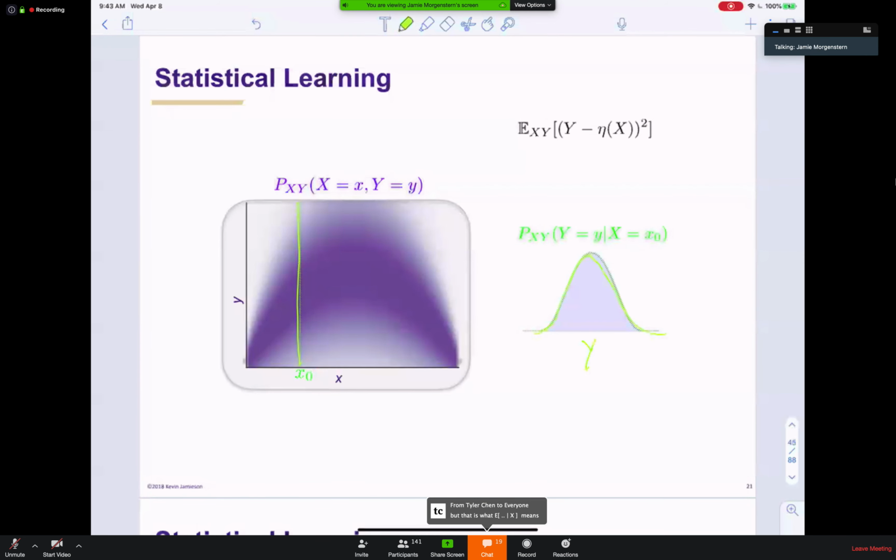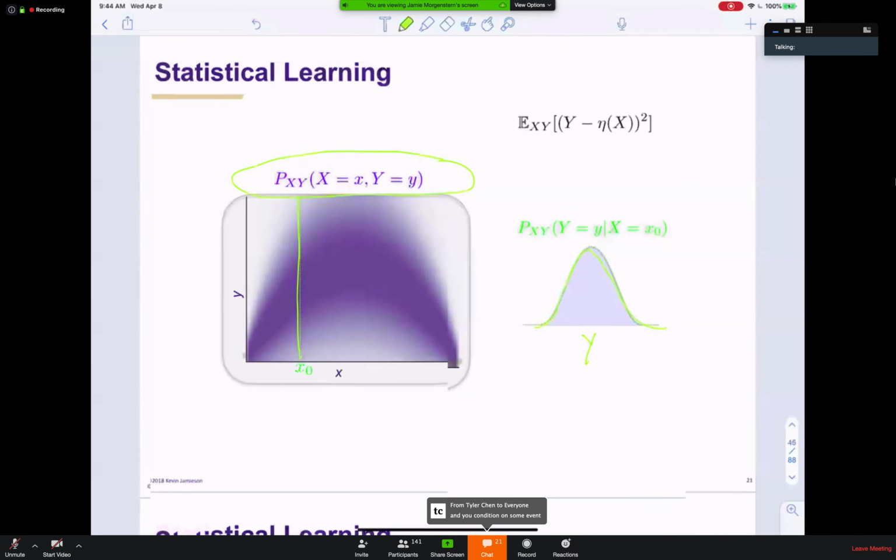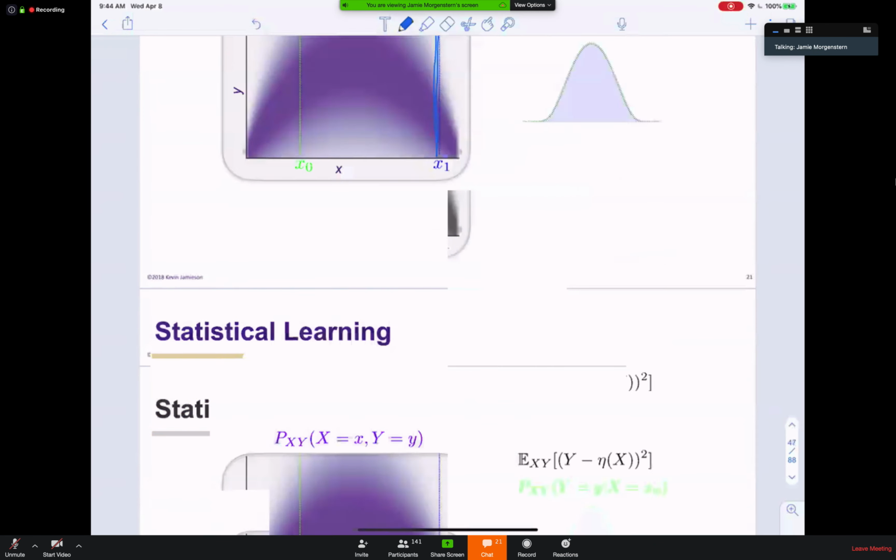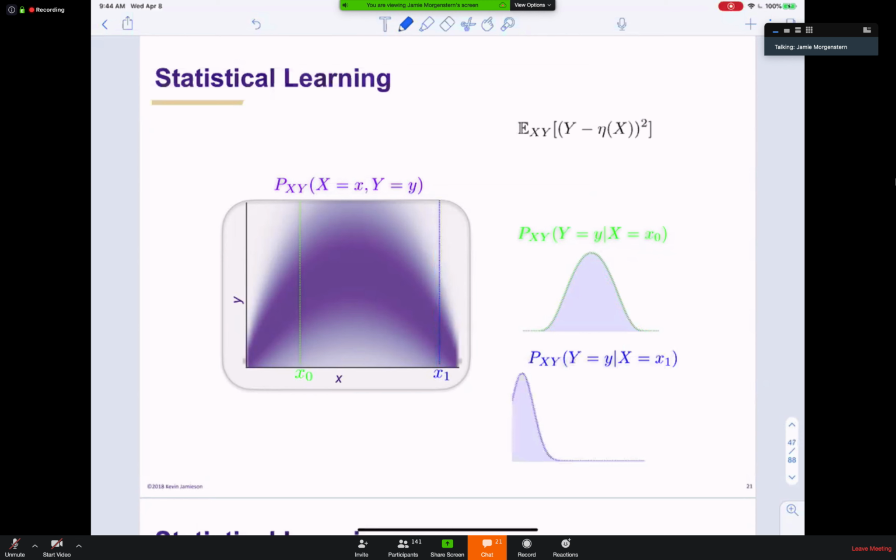Okay, so for a particular new house price, we can think about the conditional distribution on y that our joint distribution over p x y gives. Similarly, for a different point, x1, right, we'll get a different distribution, where we condition on that particular date of sale, right?